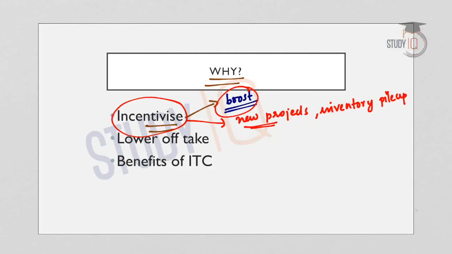And secondly, there was also lower offtake of properties or projects. So offtake here means purchase of property. So when the offtake reduces or comes down, this will lead to a restriction of money flow in the economy, or especially in the real estate sector.